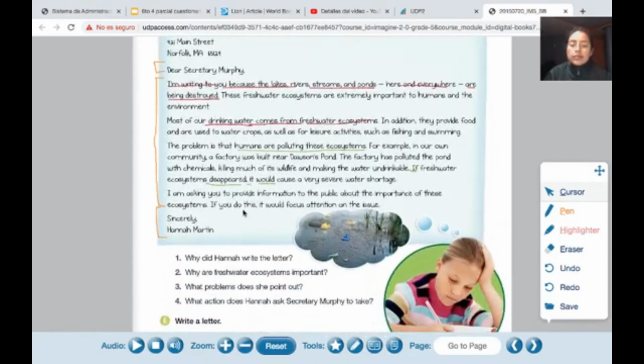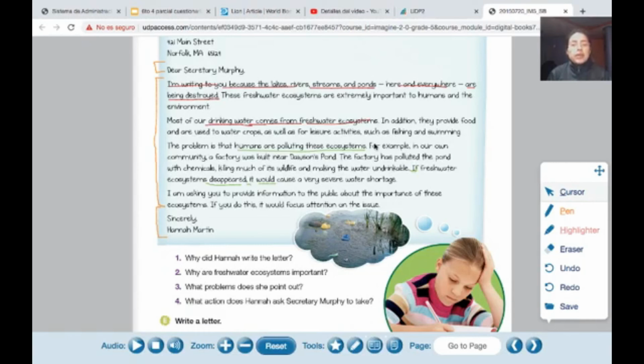Why are freshwater ecosystems important? 3. What problems does she point out? 4. What action does Hannah ask Secretary Murphy to take? Trate de ver las cosas que están subrayadas. Le va a dar una idea de cuáles son las respuestas, ¿ok? Try to understand, use your dictionary, pay attention to the structure of this letter, okay?